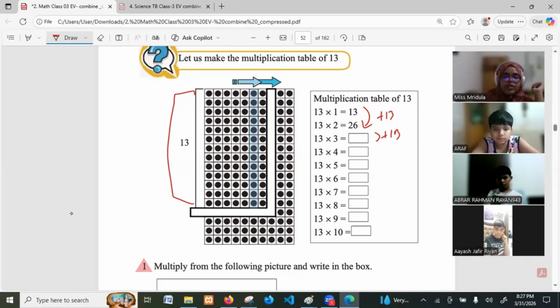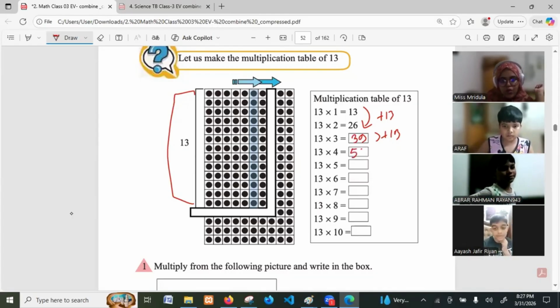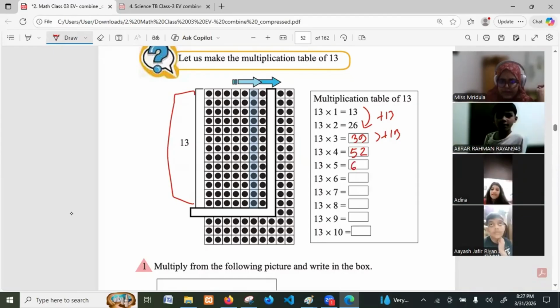Okay. So what will be 13 times 3? 39. Yes. What about 13 times 4? 52. What about 13 times 5? 65. Then 78. Then 91.